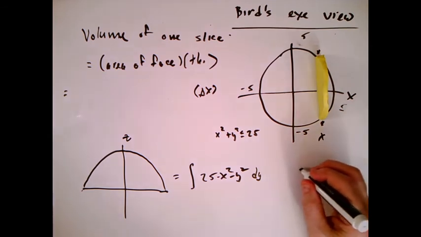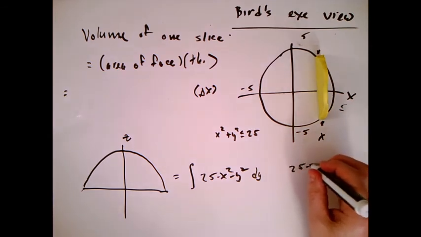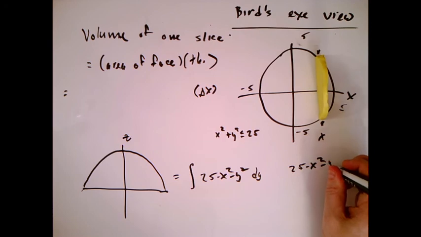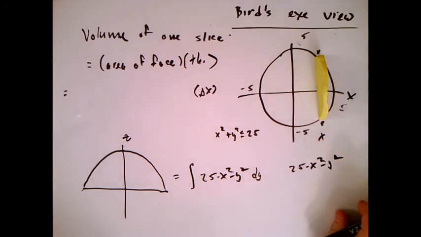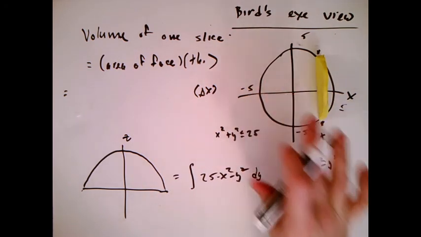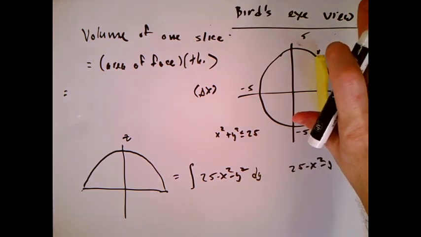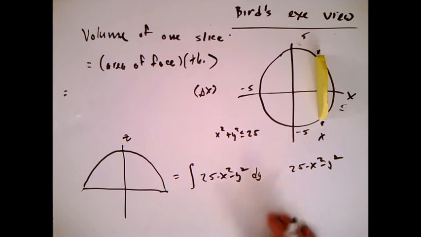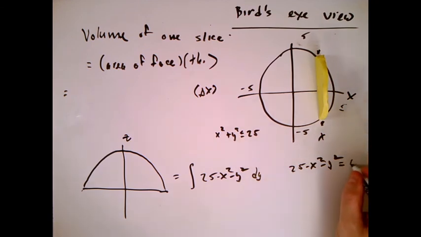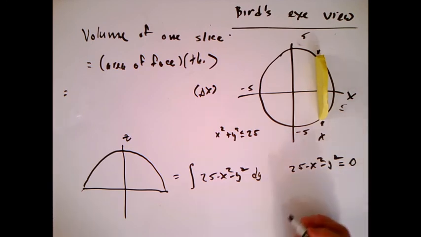So I'm going to take my equation like this. And remember, this is the bird's eye view. This is actually in the plane. So what we did is we took the whole Play-Doh model and smooshed it all the way down to the xy plane when the z is 0. And I want to know what the y is. So what I'm going to do is solve for y here.